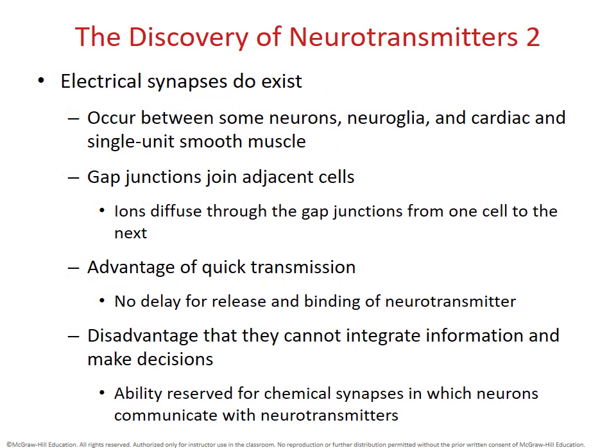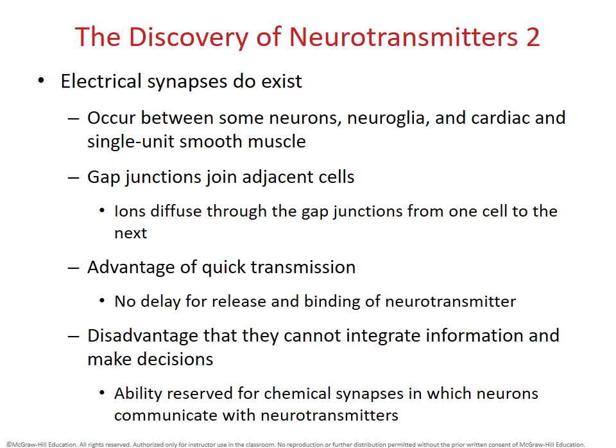In the nervous system, most synapses are chemical synapses, again relying on neurotransmitters. Remember, there are such things as electrical synapses, and what we mean by electrical synapses are gap junctions.